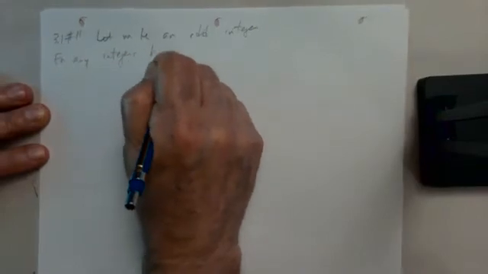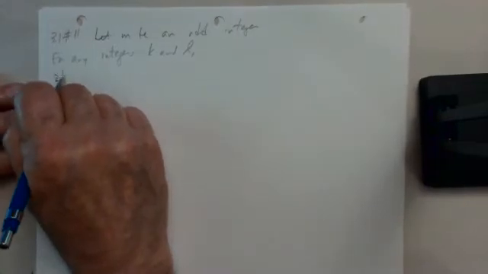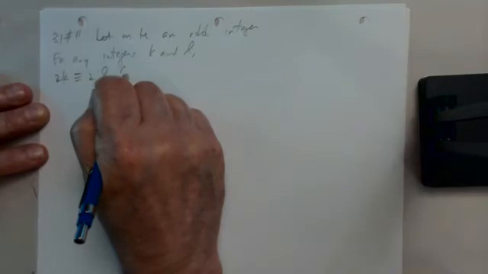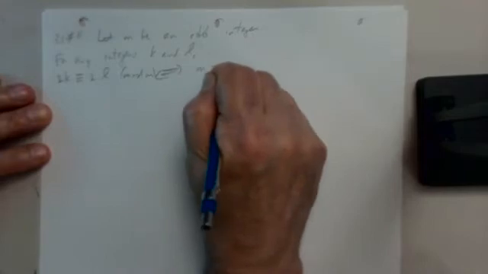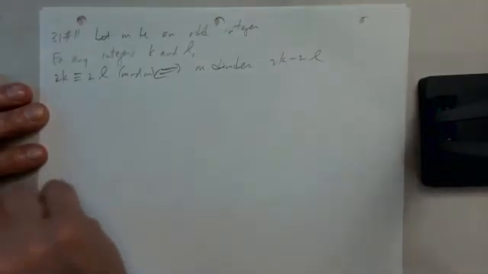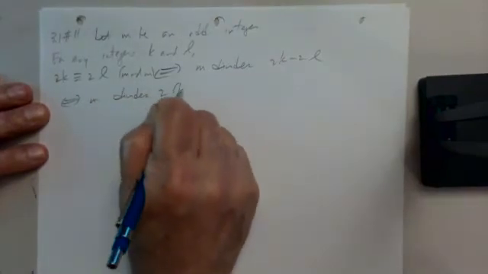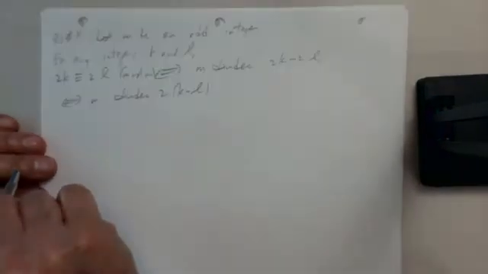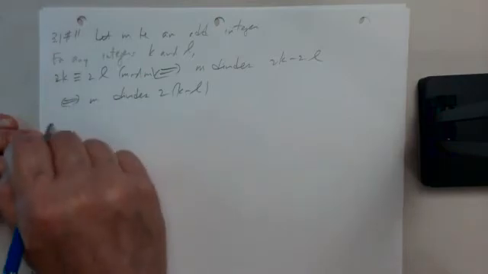So for any integers k and l, we have 2k is congruent to 2l mod m if and only if m divides 2k minus 2l. That's what a congruence means, which means m divides 2 times k minus l.